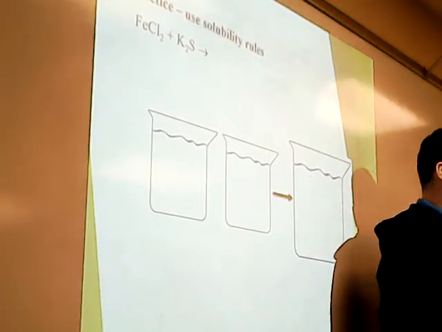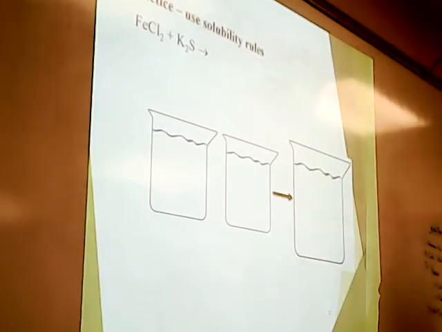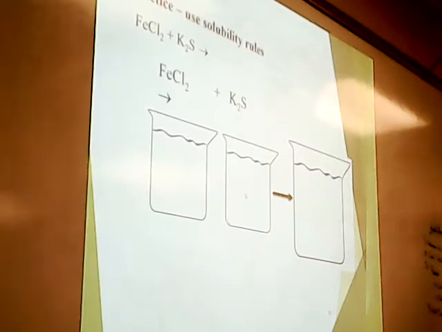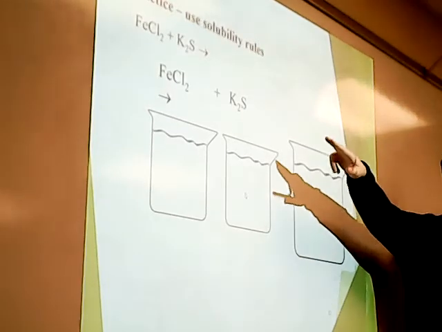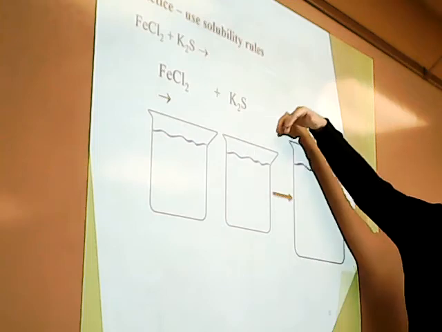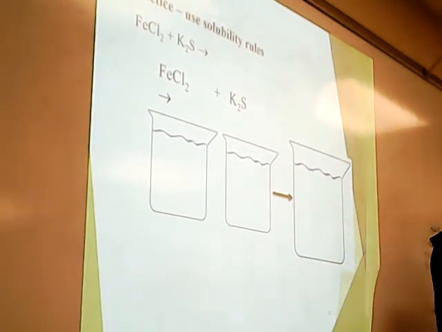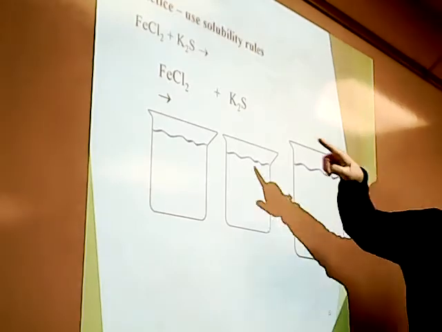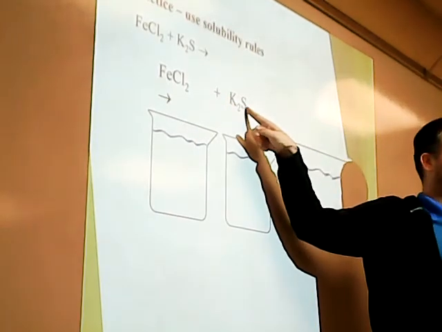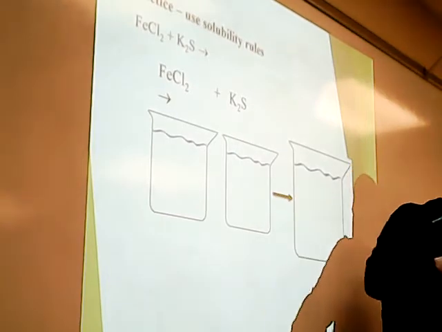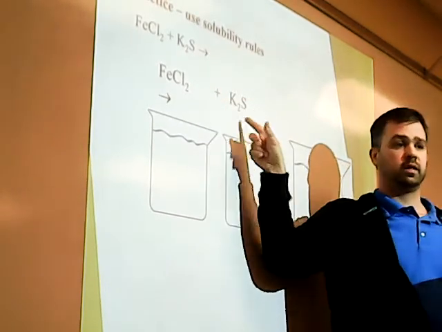And if you can't, that was a different lesson, and you can come and talk to me. That's not what today's about. So when I add that to this, I should be able to predict the products. However, the new step for today is you're going to have to check solubility for all of the reactants as well. Everybody got that? So, 30 seconds, check solubility for these two things.